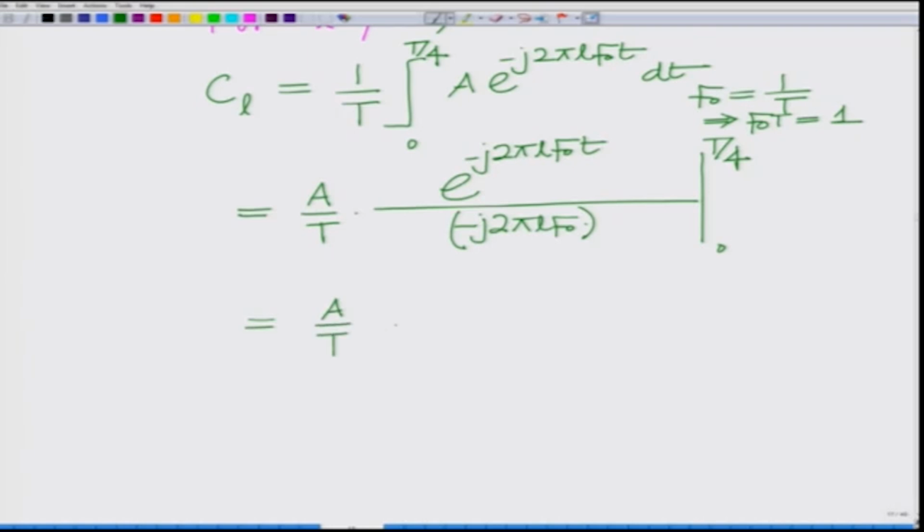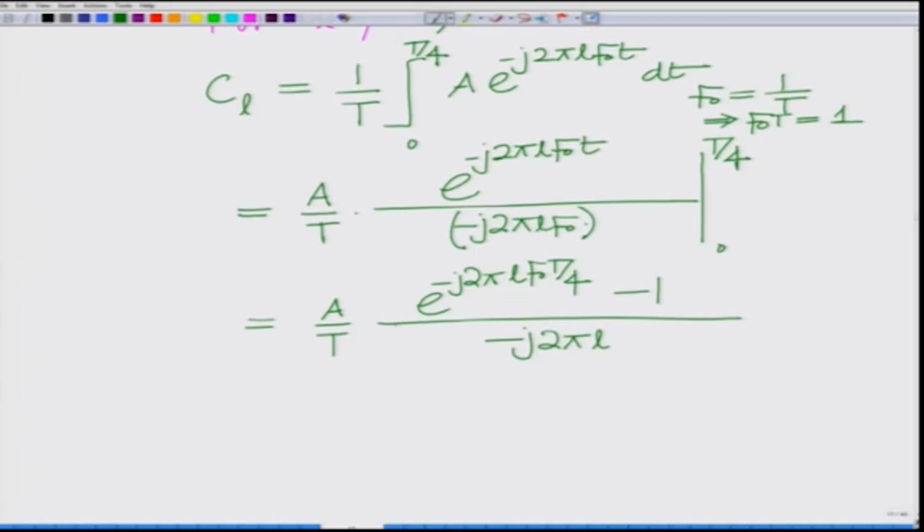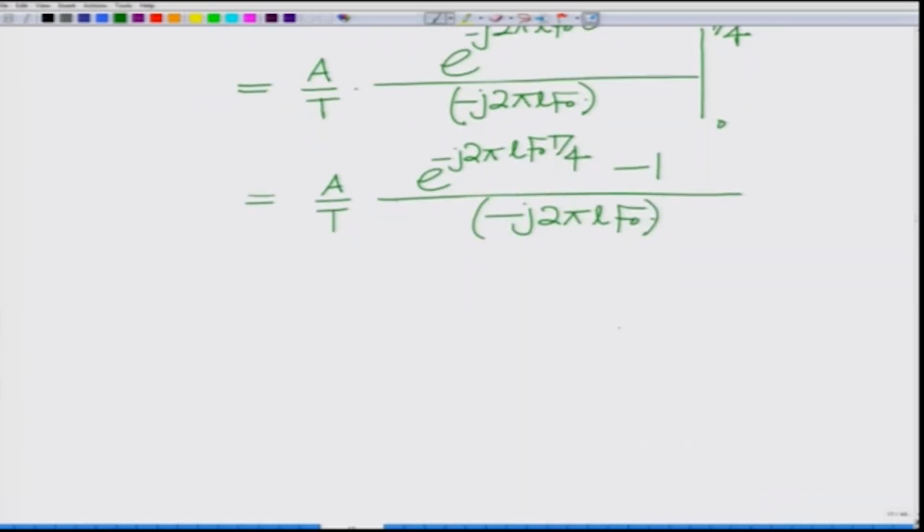So, this is A over T, substituting this, e to the power of minus j 2 pi L f naught, let us substitute T by 4, e to the power of minus j 2 pi L f naught T by 4 minus 1, over minus j 2 pi L f naught. Now, we know f naught T equals 1.